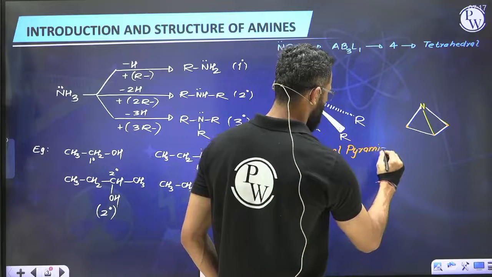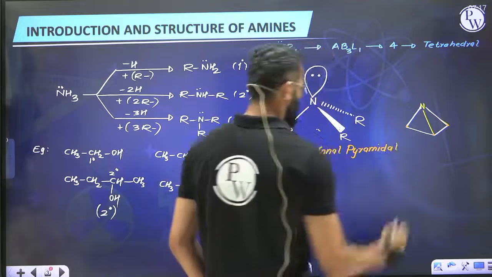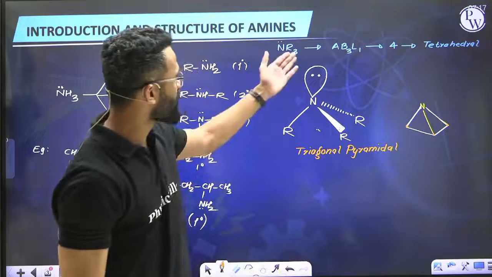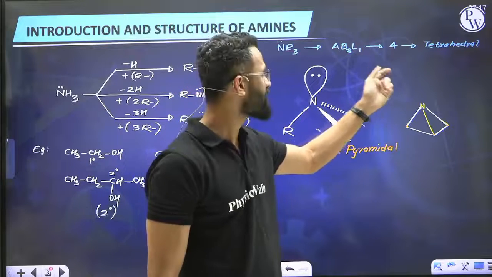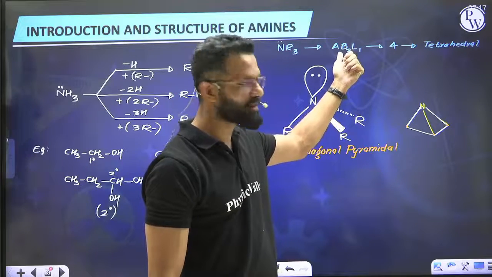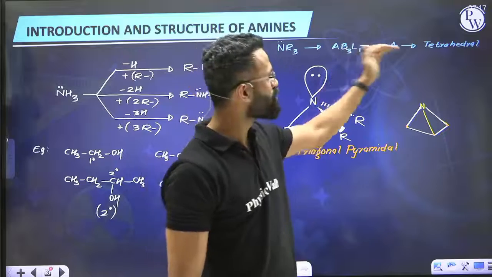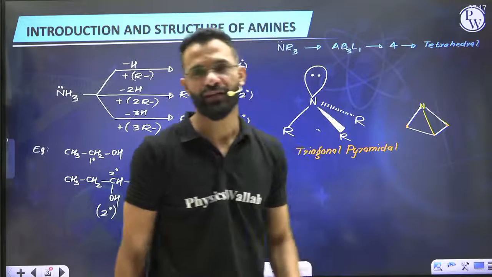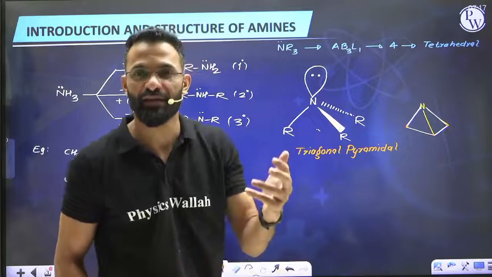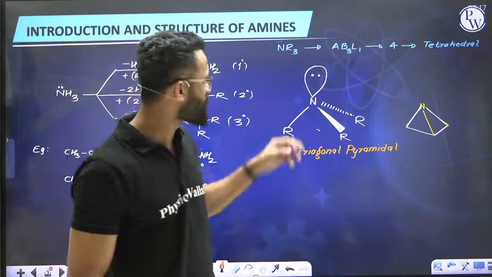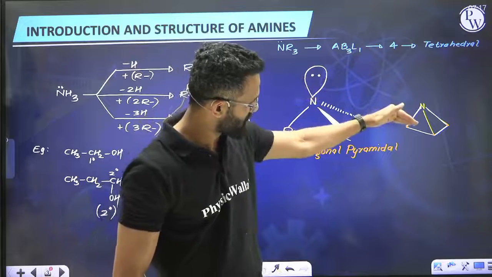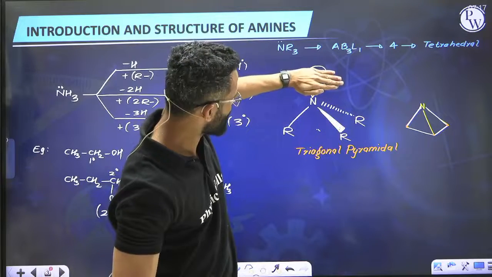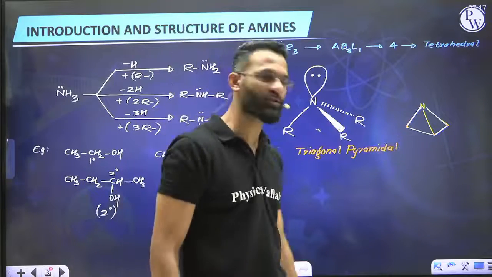Understand one thing. In the case of amines, since it is of type AB3L, steric number 4, we expect that the total electron pairs, meaning 3 bond pairs and 1 lone pair, are oriented at the 4 corners of tetrahedral geometry. That is the expected geometry. But the moment there is 1 lone pair, that is never included in the shape. So the shape of the molecule, ignoring this lone pair, appears trigonal pyramidal.